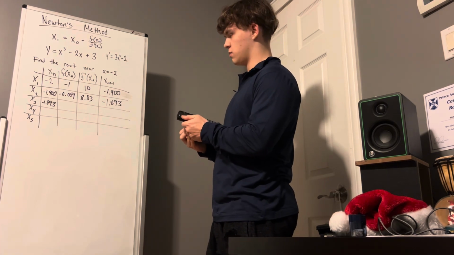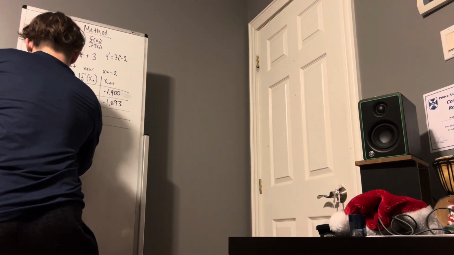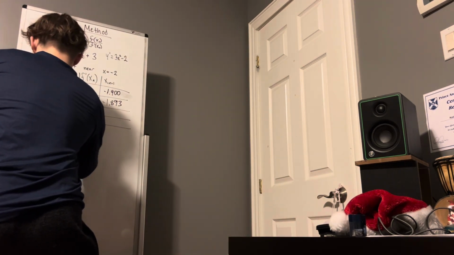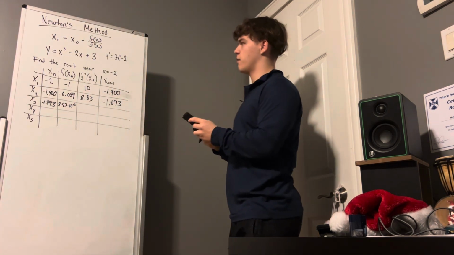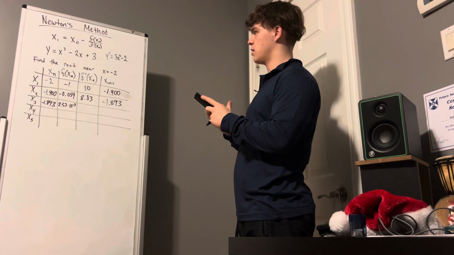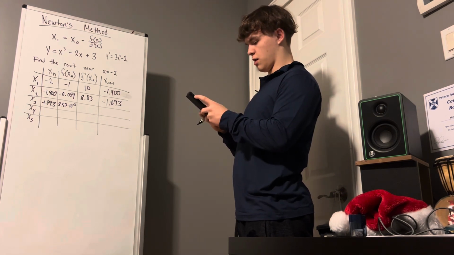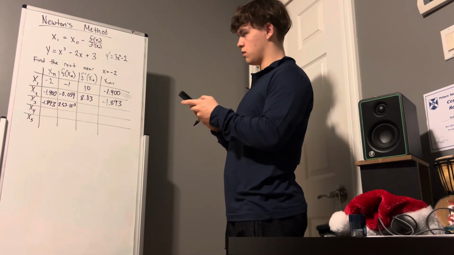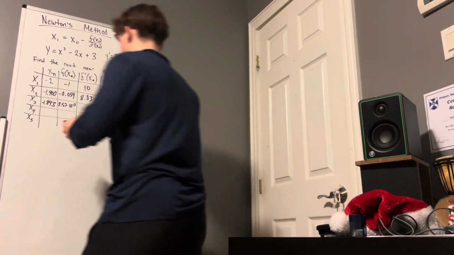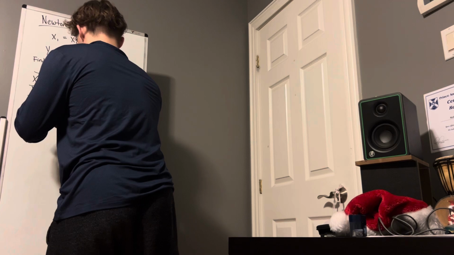It's a very, very small number, 2.53 times 10 to the -3. f prime of xn is 3 times negative 1.893 squared minus 2, which is about 8.75.